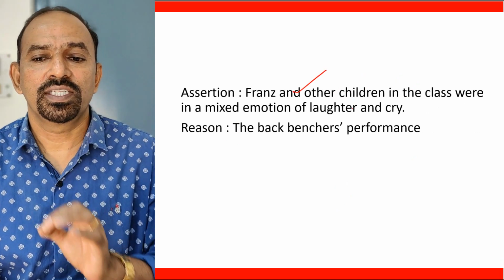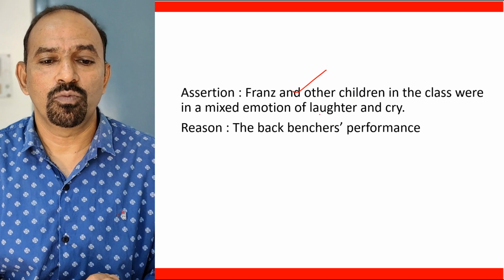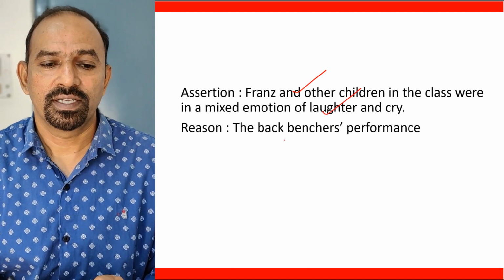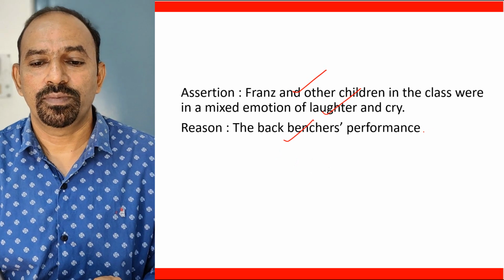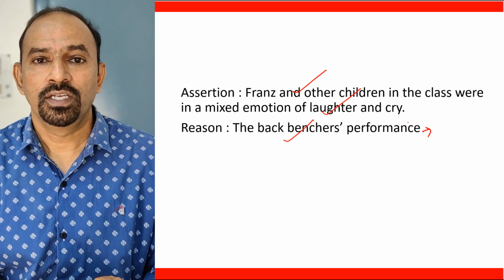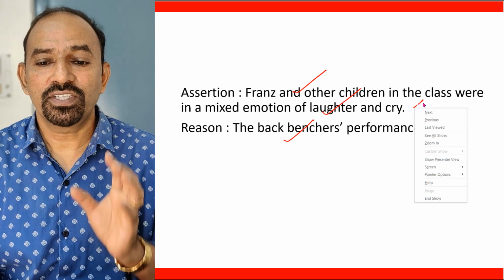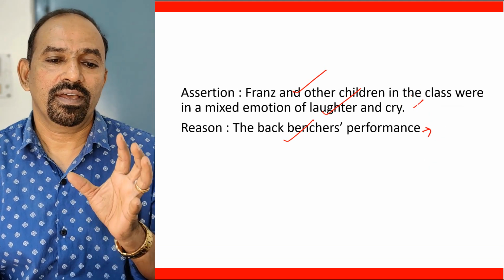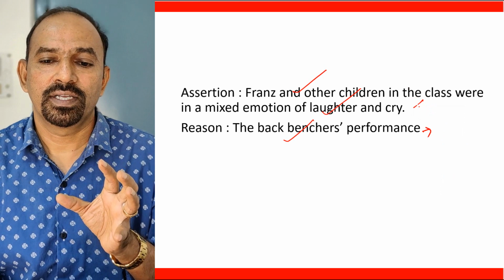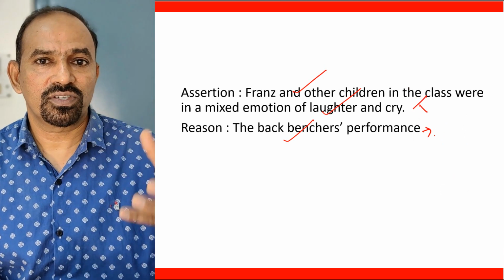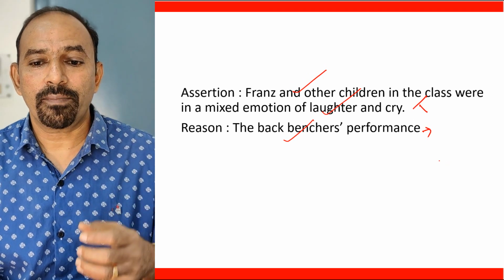Franz and other children in the class were in a mixed emotion of laughter and cry. Reason: the backbenchers' performance. So the children in the classroom are in a mixed emotion of cry and laughter. This statement is true. And what is the reason for this assertion, this claim? Because of the backbenchers' performance.